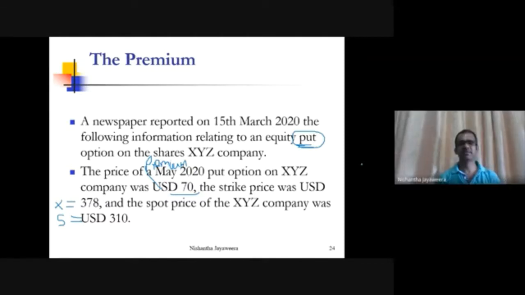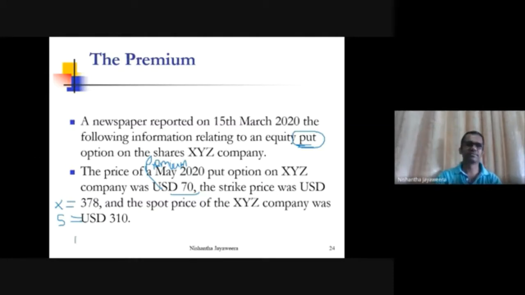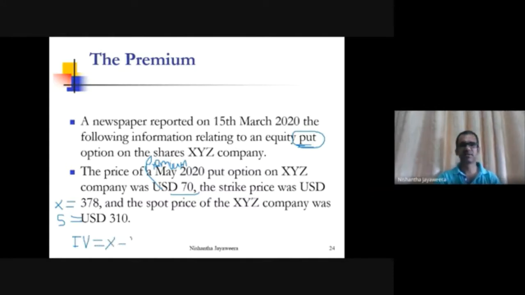It's in the money. Why? Strike price is 378, whereas the spot price is 310. What does it mean? You can sell the shares at 378 when the market is at 310. Then what is the intrinsic value? For a put option, it will be X minus S if it is positive.